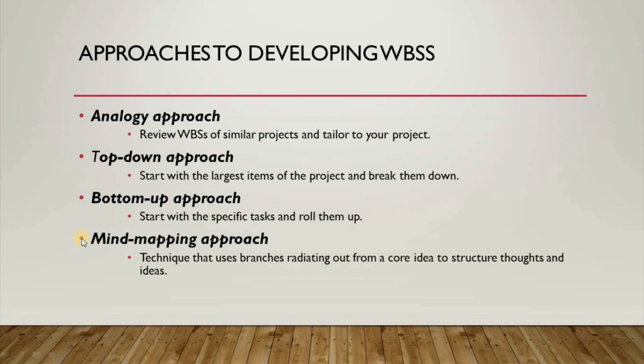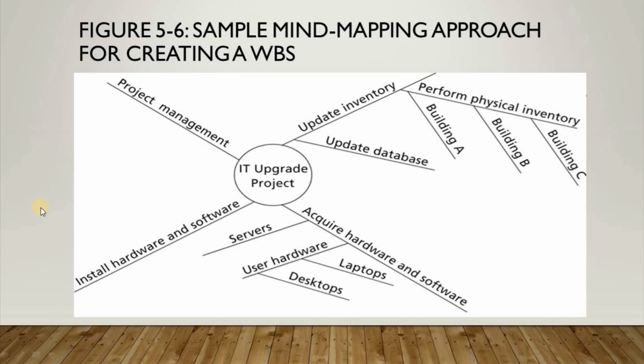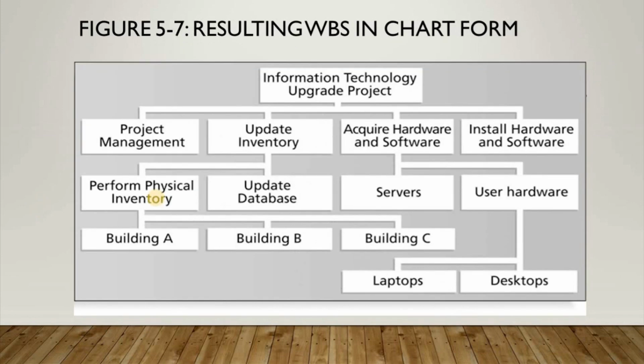In this approach, we need to write the task in a non-linear, branching format and then create the work breakdown structure. Figure 5.6. Sample mind mapping approach for creating a work breakdown structure. Figure 5.7, resulting work breakdown structure in chart form.